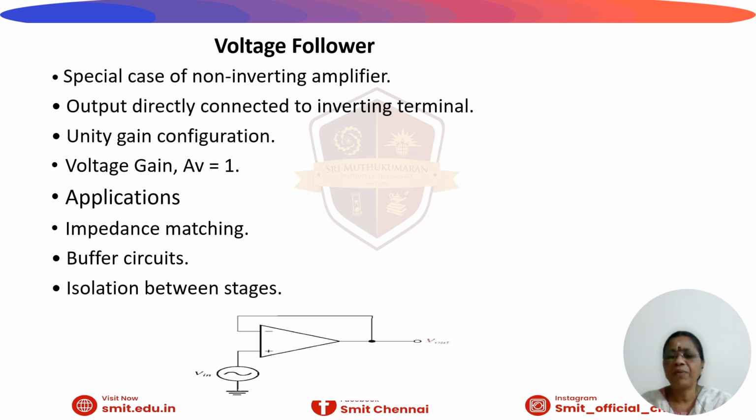It acts as a buffer or isolation amplifier, providing high input impedance and low output impedance, which prevents loading effects between high impedance sources and low impedance loads. The main applications are impedance matching circuits, buffer circuits, and isolation between stages.